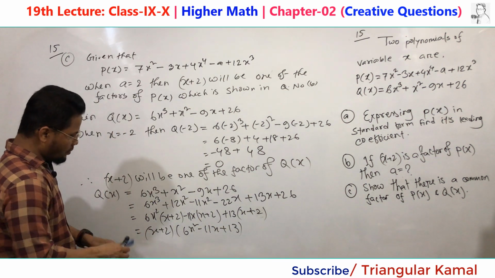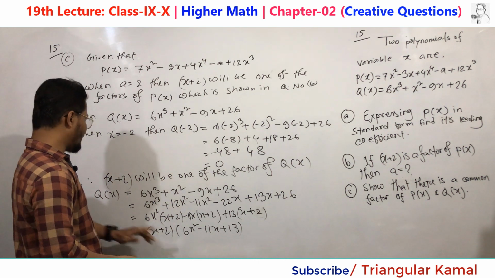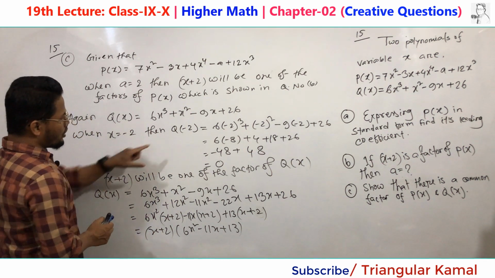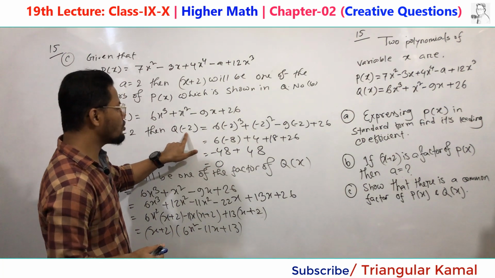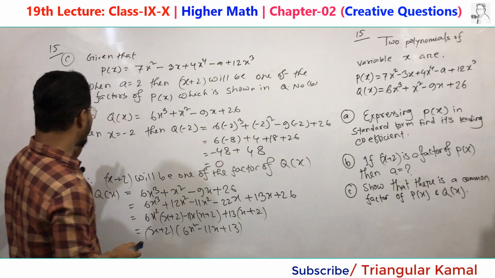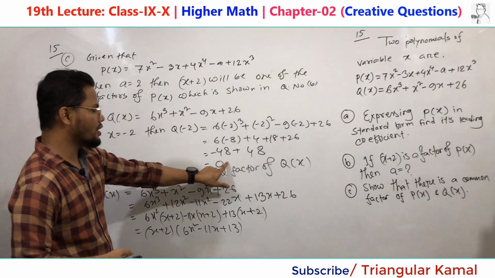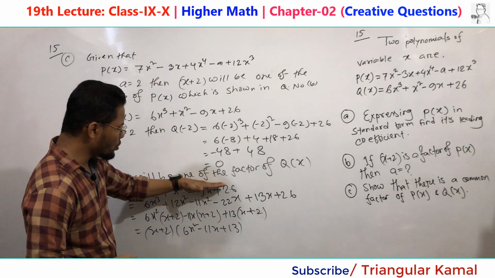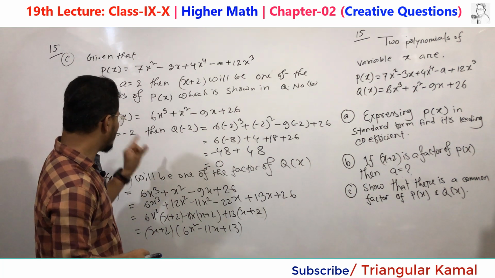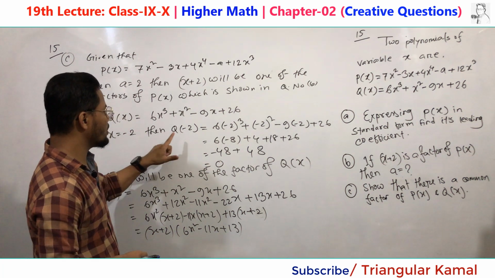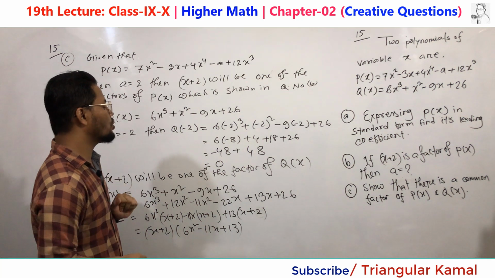That means x plus 2 is a factor of q of x. So already by the remainder theorem shown here, when we apply x equals minus 2, then the functional value of q of x will be 0. That means without doing factorization, we can take the decision finally. That means x plus 2 is a factor of q of x.